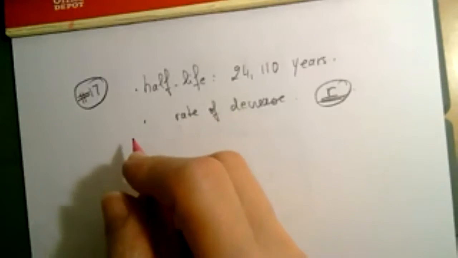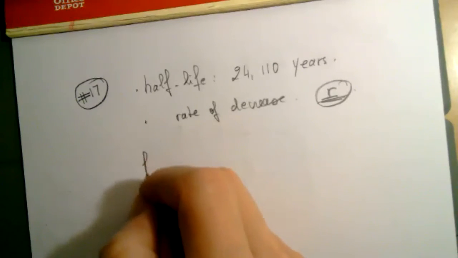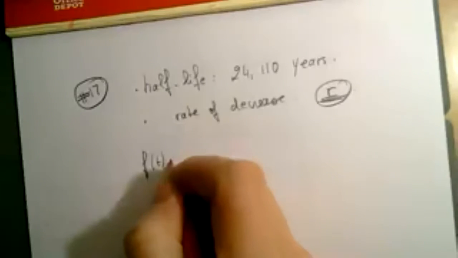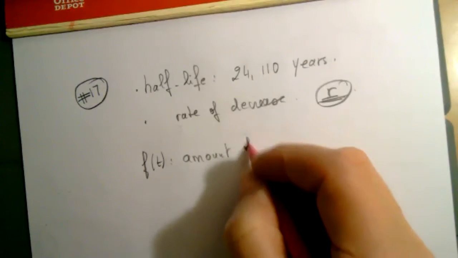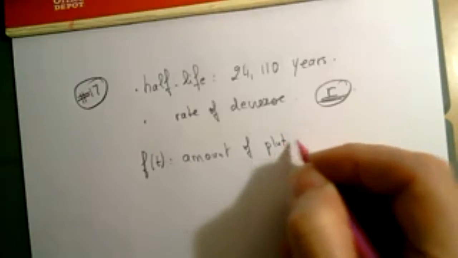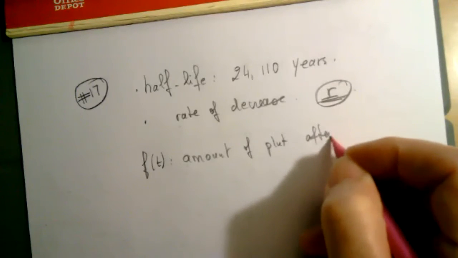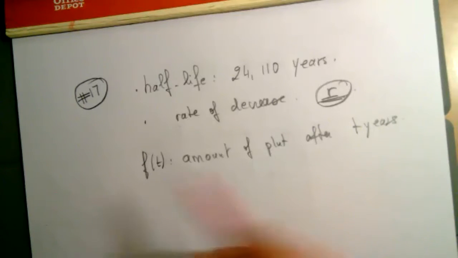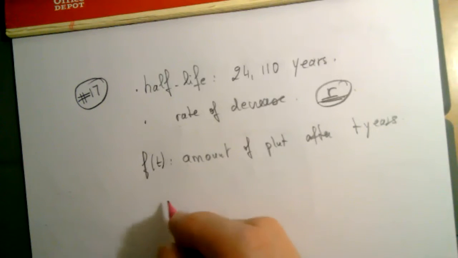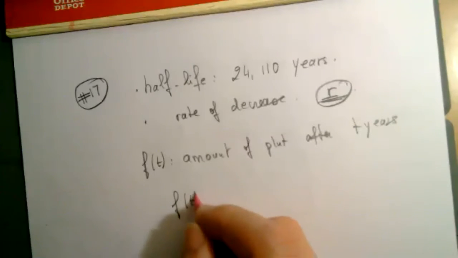So we're going to say, let f of t represent the amount of plutonium after t years. We don't really know the formula. The only thing we know is that it's exponential.